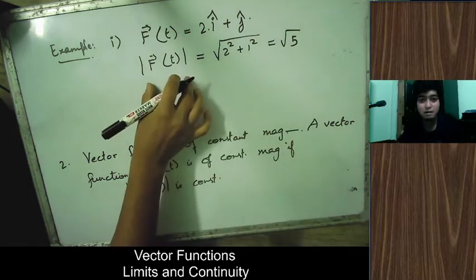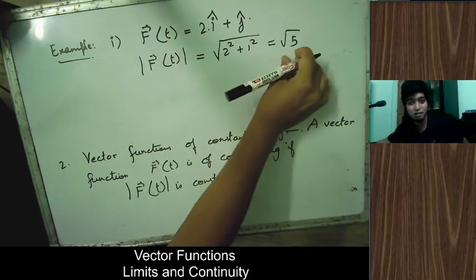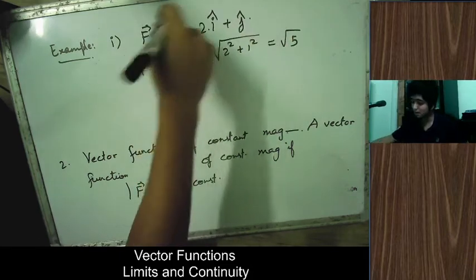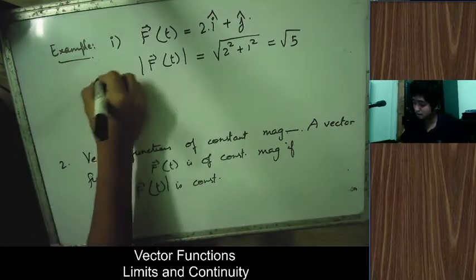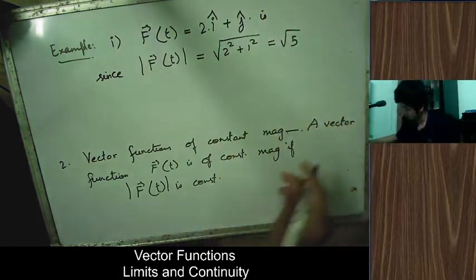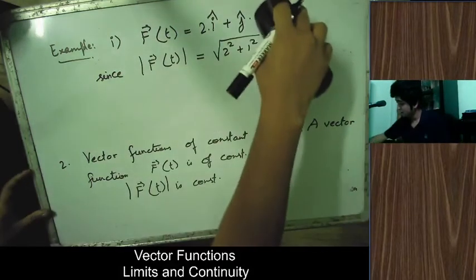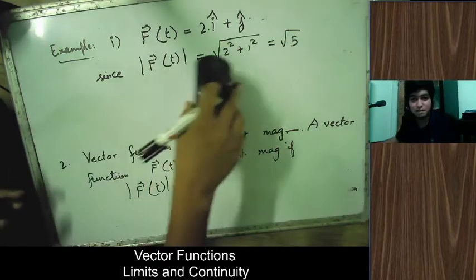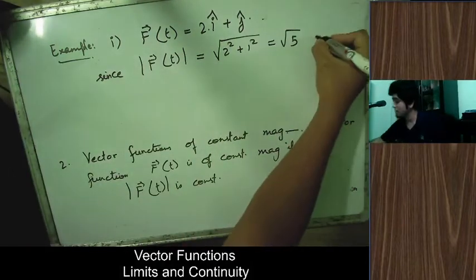So this magnitude does not depend on t. So this one is an example, since the magnitude does not depend on t.